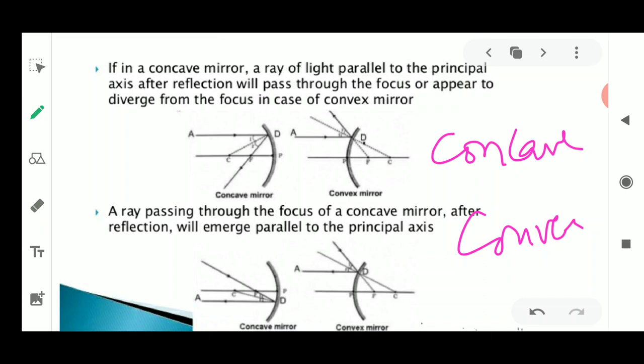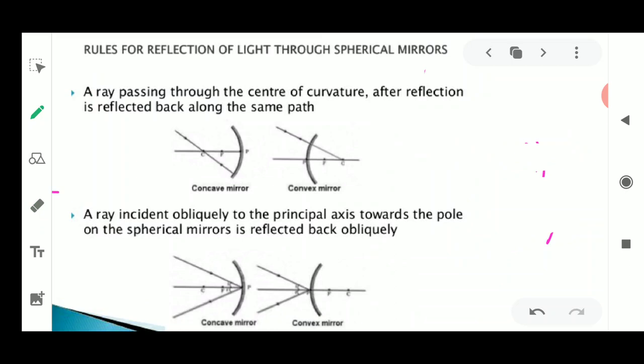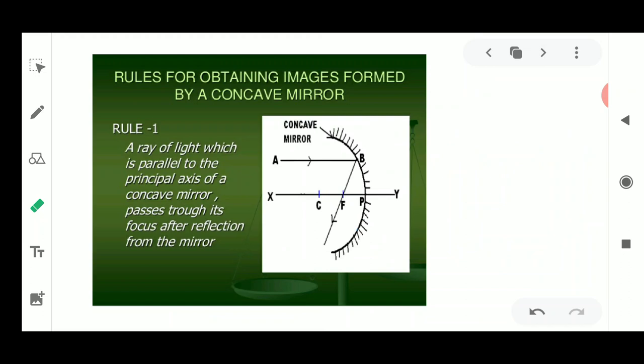And the next rule was that whenever a ray of light is passing at the pole, it is reflected obliquely. And the next rule was the first rule which I discussed, that whenever a ray of light is passing through the center of curvature, it is always reflected back along the same path. Now we go on to the next rule, which is used exclusively in the case of a concave mirror.